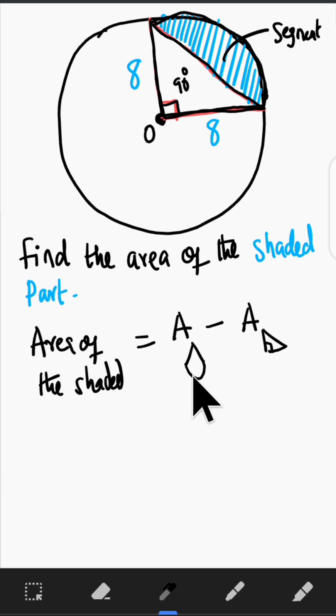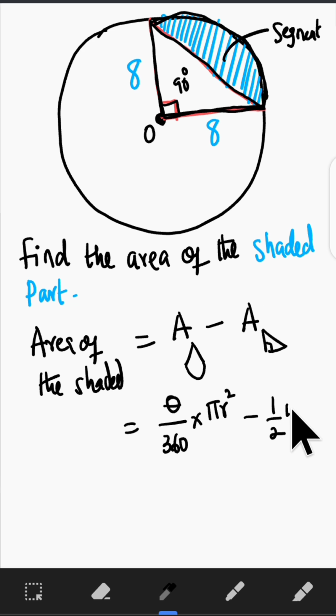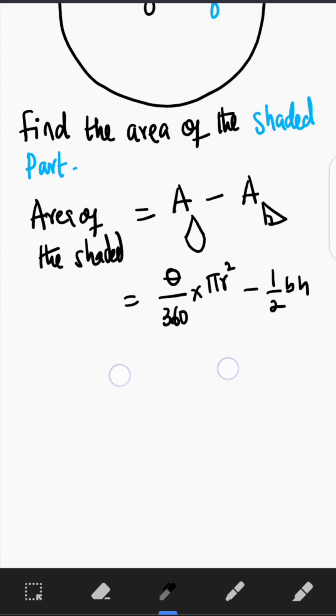I hope you get this point, right? So once we can successfully do this, we'll be left with the area of the shaded part. So let's get the area of the sector. It's just simply theta over 360 times pi r squared, minus the area of the triangle, which is just half times base times height, right?